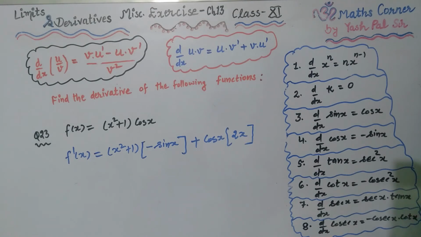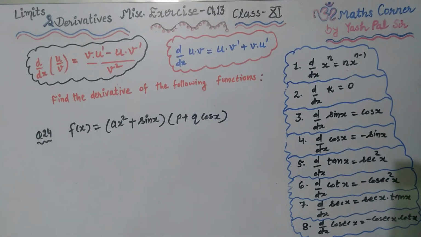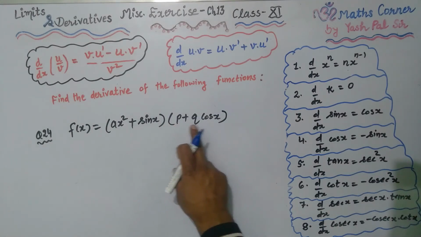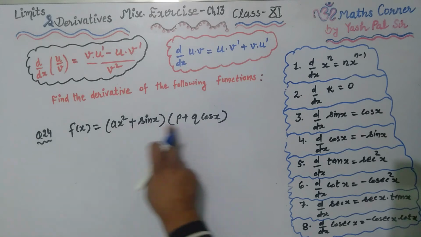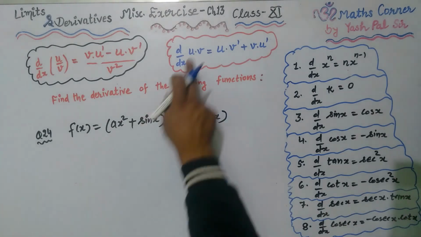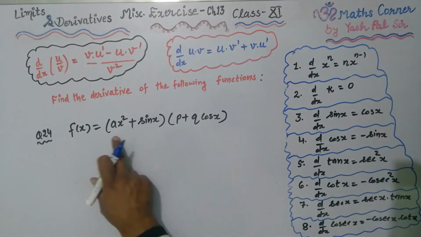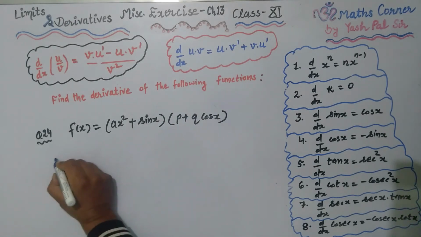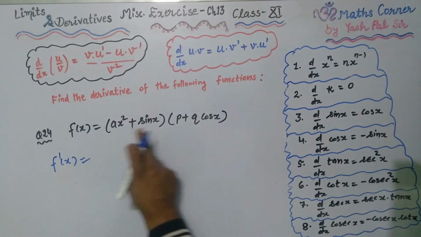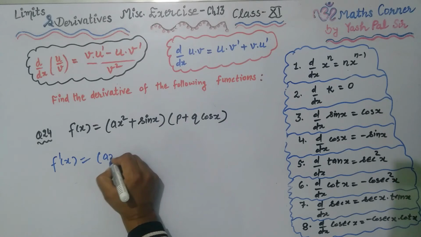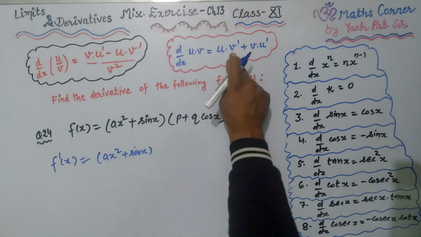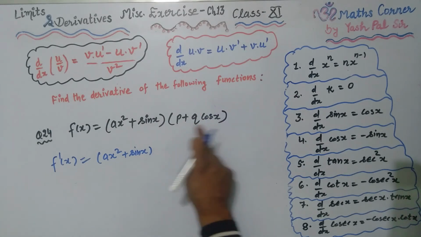Now next question, question number 24. f of x is equal to ax square plus sin x into p plus q cos x. a, p, q, they are constant, only x is the variable. u into v, product rule. This is u, this is v. So derivative f dash x is equal to u, first bracket ax square plus sin x, into v dash, its derivative.